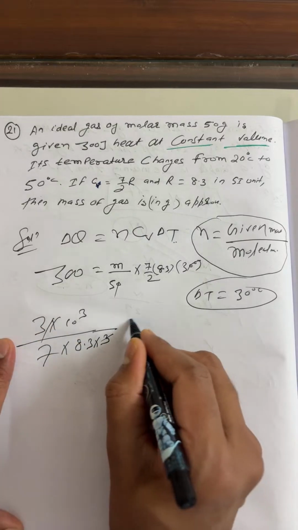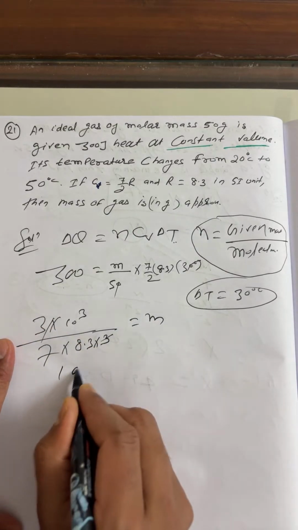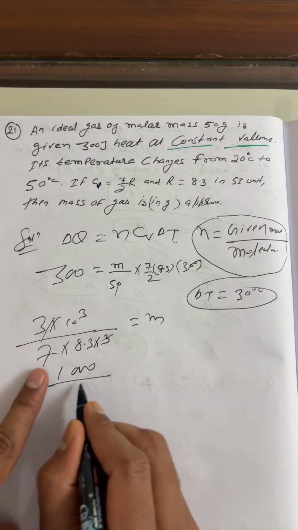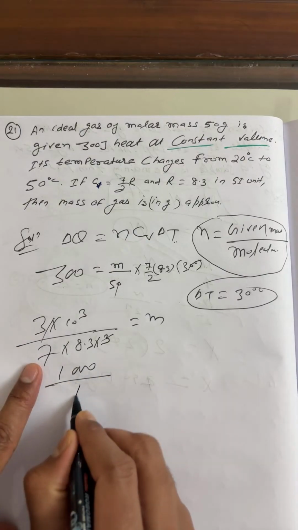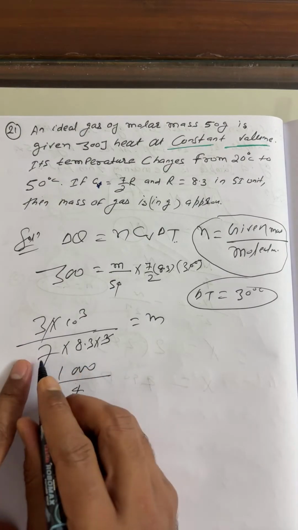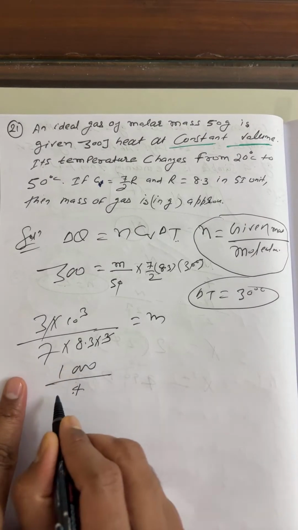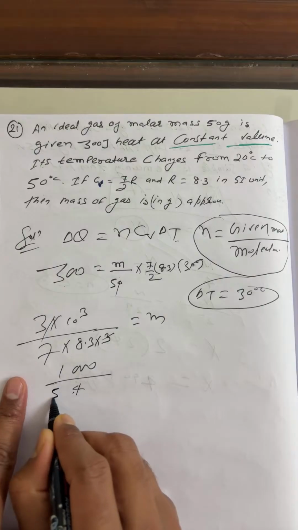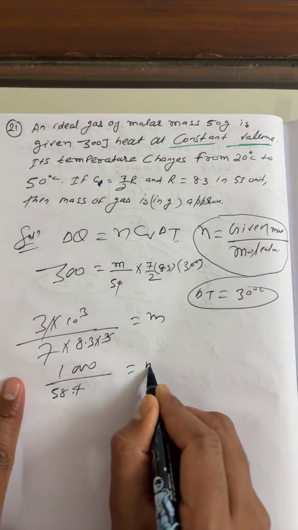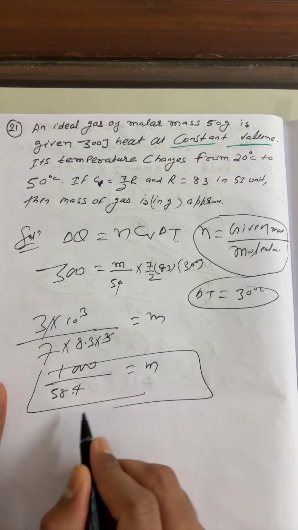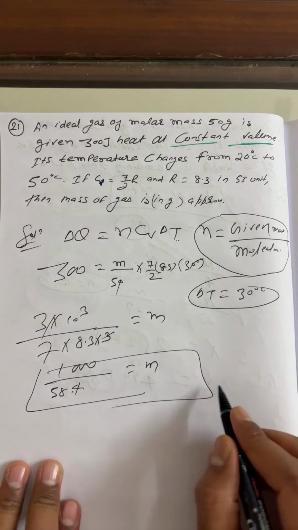Yes, this cancels. So we can write 1000 upon 7 into 8.3, which is 58. Solve further and you will get some values.